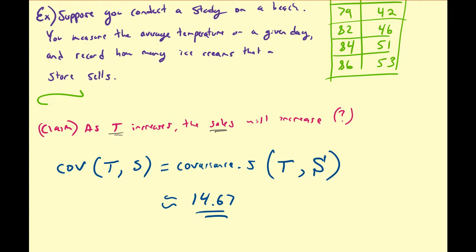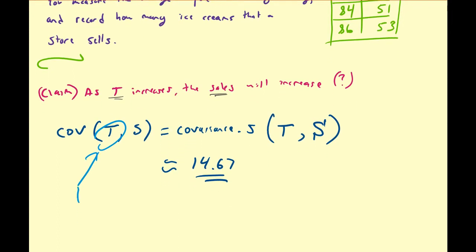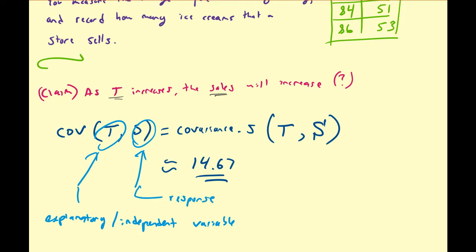Here, T is sometimes referred to, recall, as the explanatory or independent variable, and S is sometimes referred to as the response or dependent variable of the study.